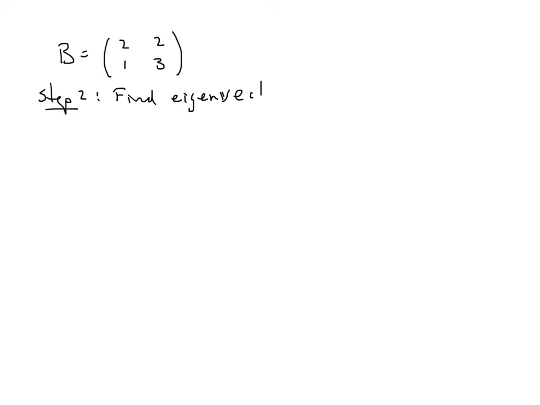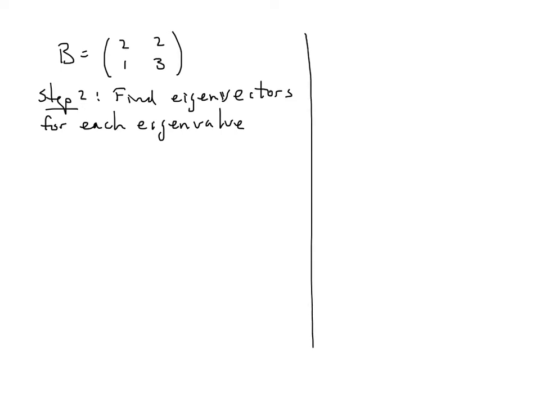Bad writing. Vectors for each eigenvalue. So I'm going to clean that up a little bit. And again, I'm going to draw a line because there'll be a lot to write.